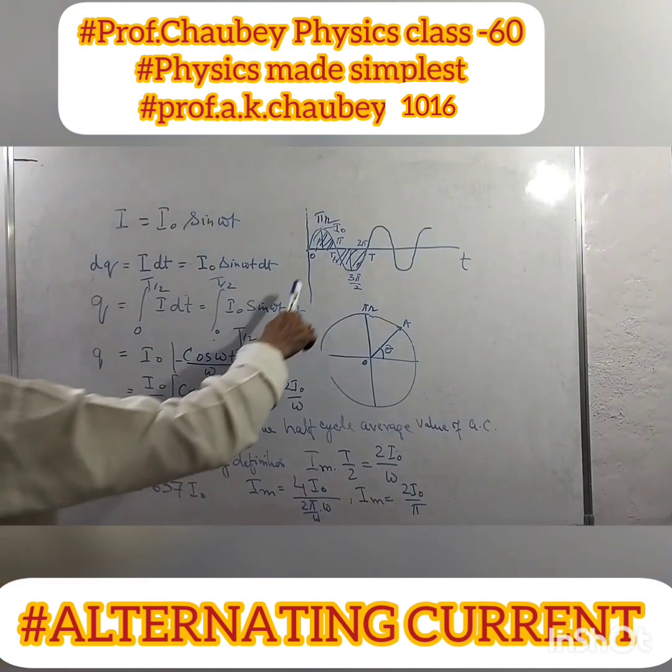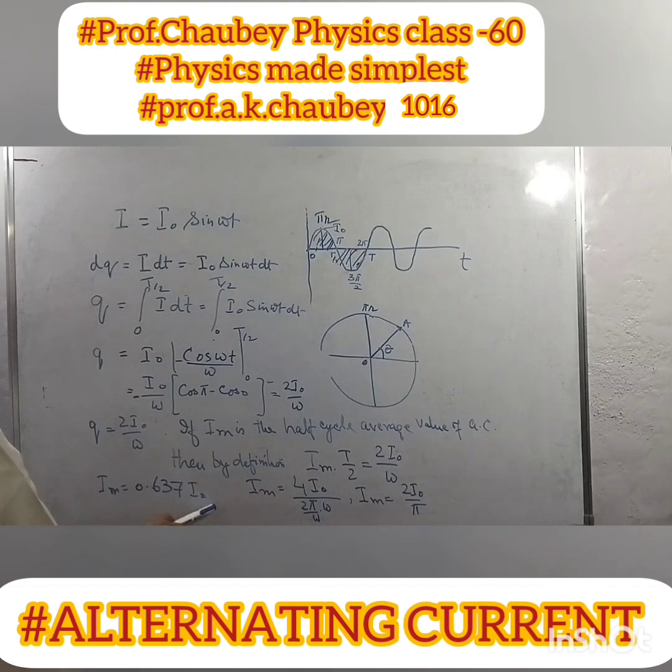This means the mean value of the current for this half cycle is 0.637 I naught.